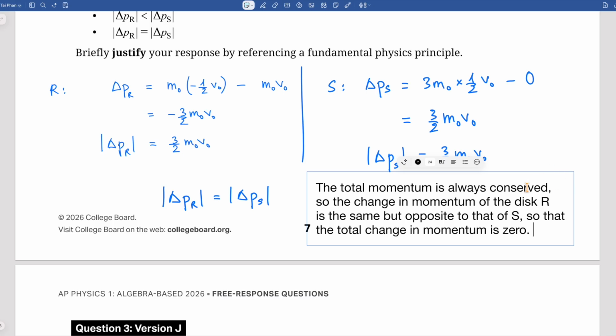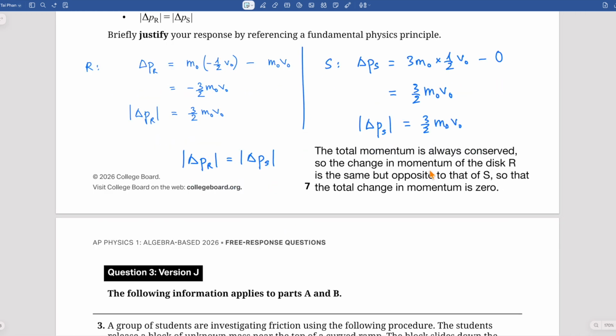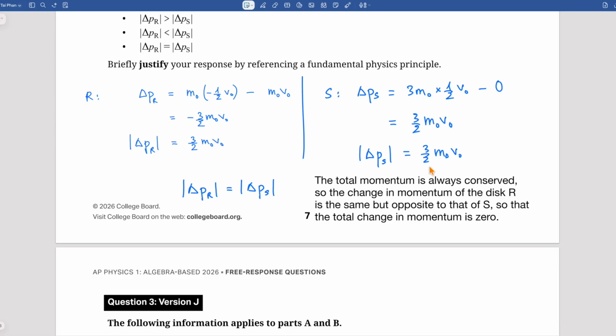Okay, we see the explanation and we finish part D of the question. The change in momentum of disk R to the left and of S to the right, with the same magnitude, cancel out. Total change is 0, no change at all.